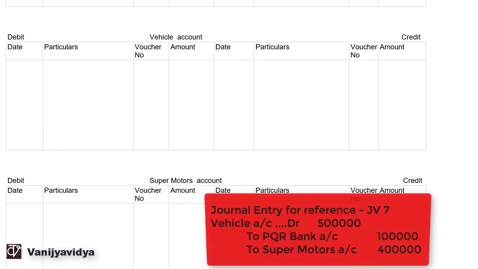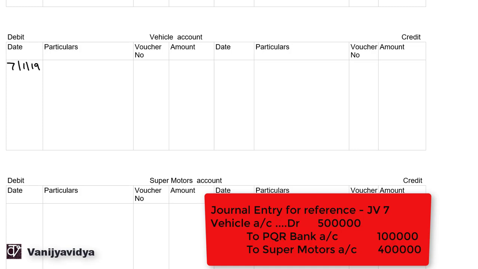Now on the debit side of vehicle account, the journal entry is vehicle account debit to PQR bank account, to Super Motors account. So there are 2 accounts that are credited. So on the debit side we will have 2 ledger postings. One is for PQR bank account and one is for Super Motors account. Let's post this journal entry. Date is 7 Jan 2019.